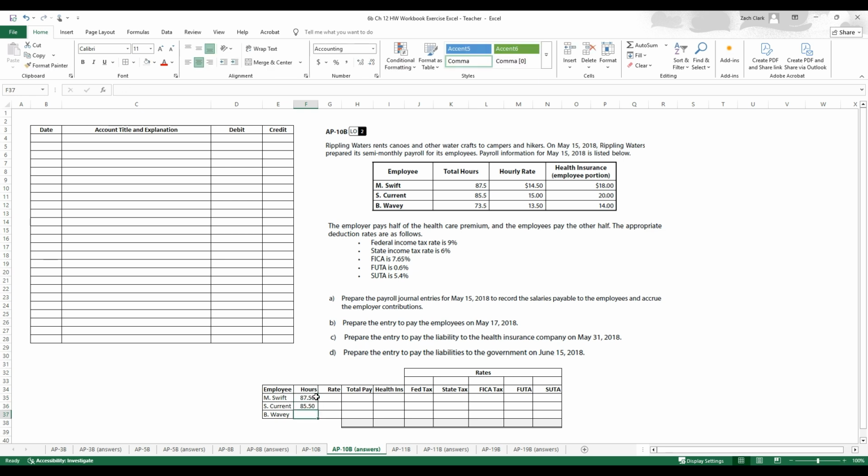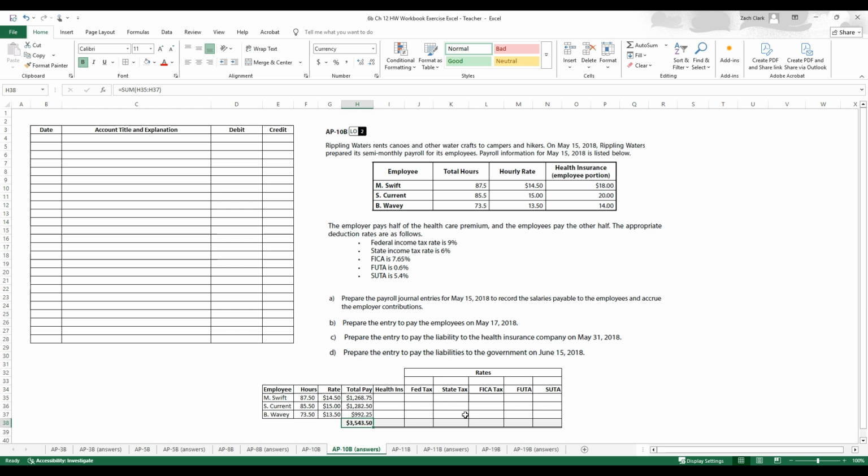So we have the hours, 87.5, 85.5, 73.5. Then we have the rates, $14.50, $15, and $13.50. To get total pay, we just multiply those together, the hourly rate times the number of hours worked, and we can just drag our formula down and then sum up those totals.